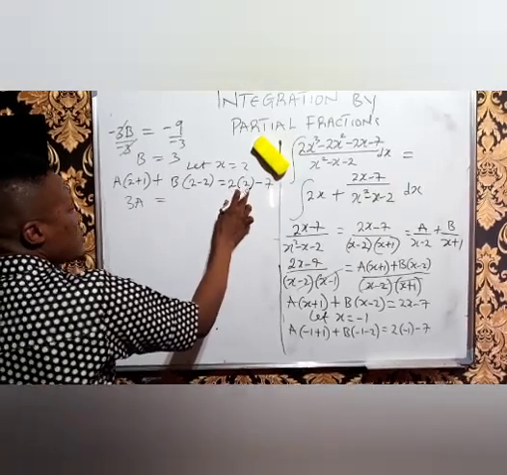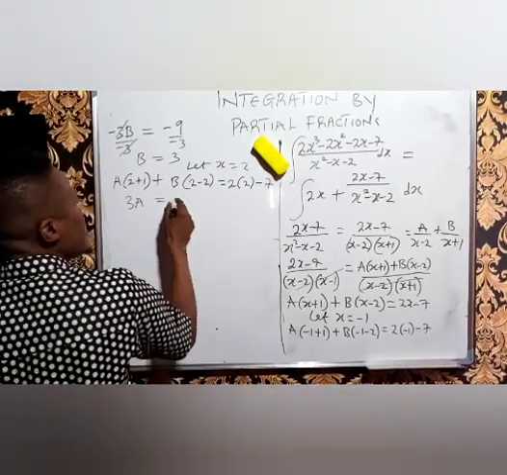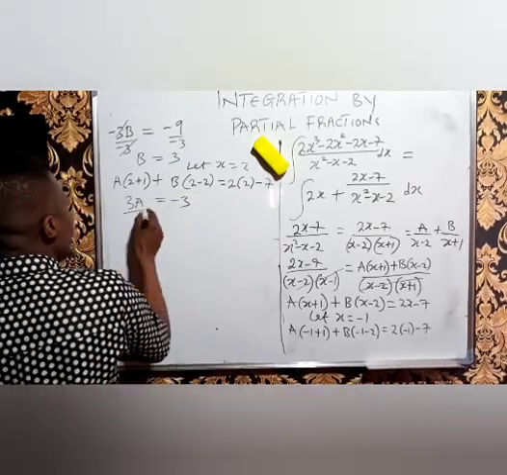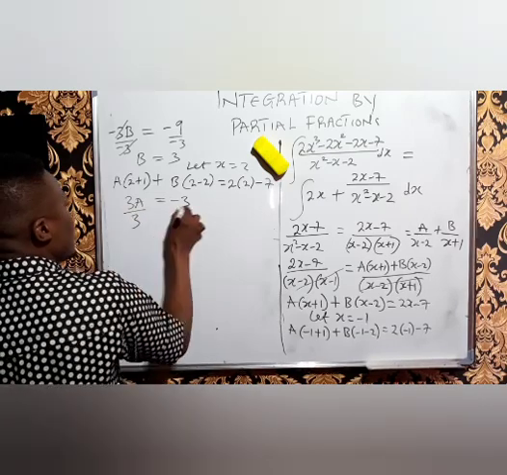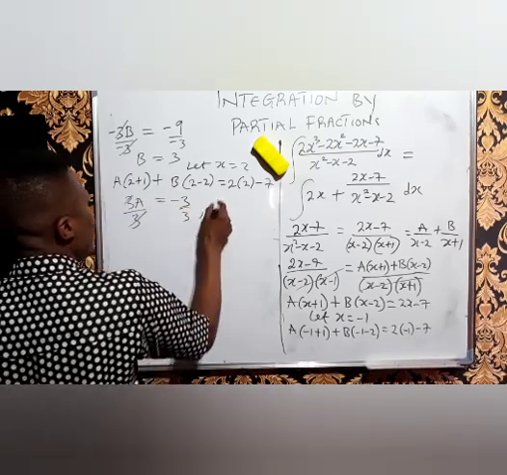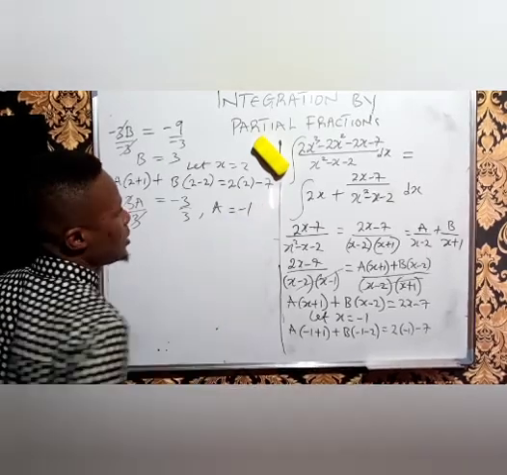Equals 2 times 2, which is 4. 4 minus 7 is minus 3. Dividing by 3, we have that A is minus 1.